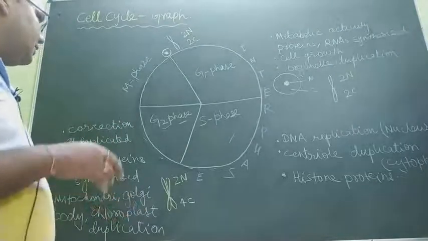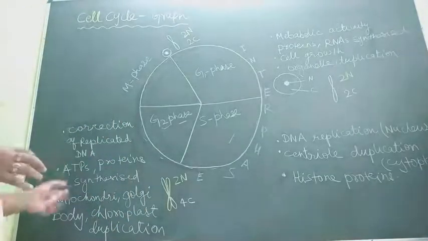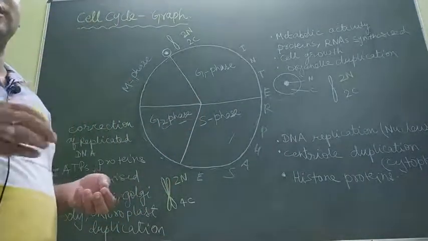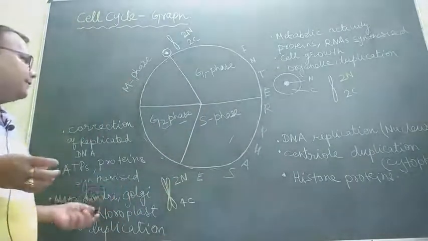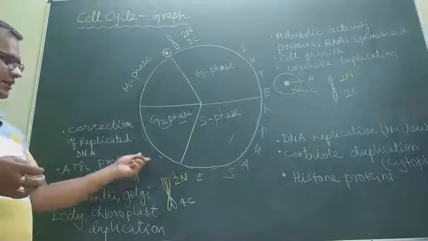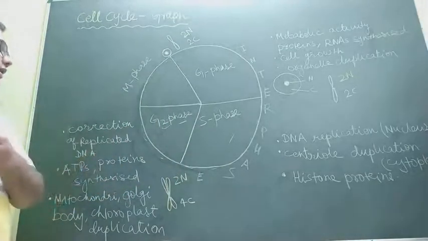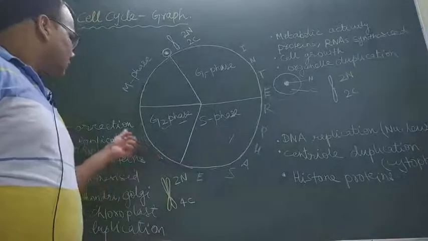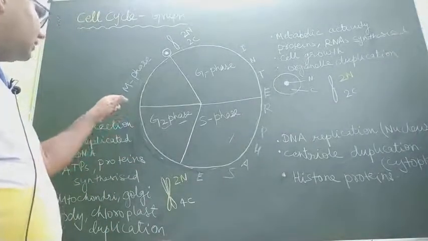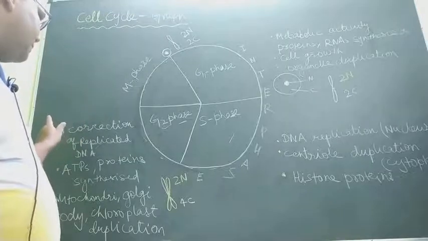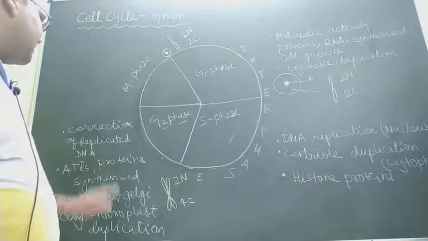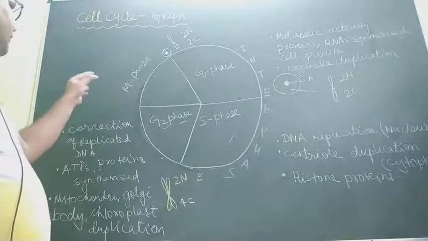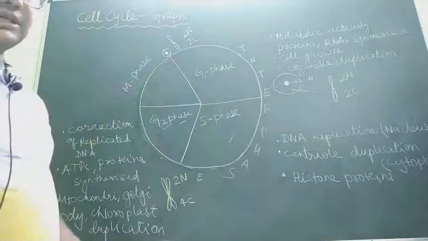In M phase only the separation of the nucleus happens, but all the preparation for it takes place in interphase. When all things are properly synthesized and everything is okay, only then does the division phase or M phase of the cell start.